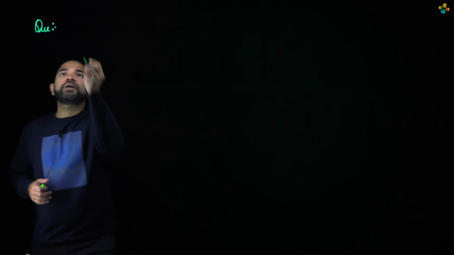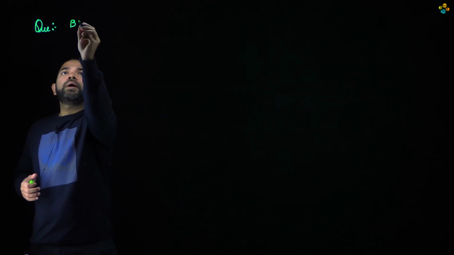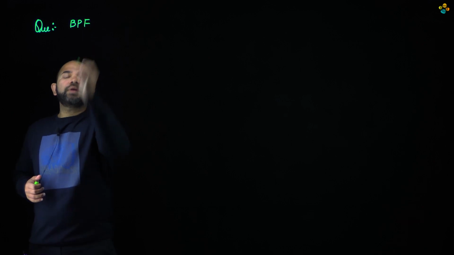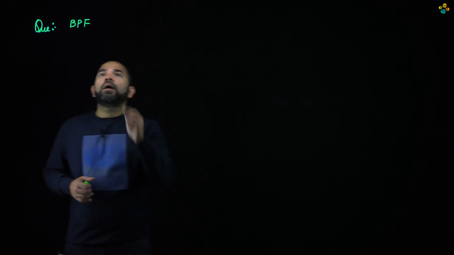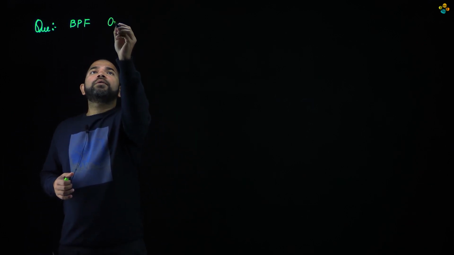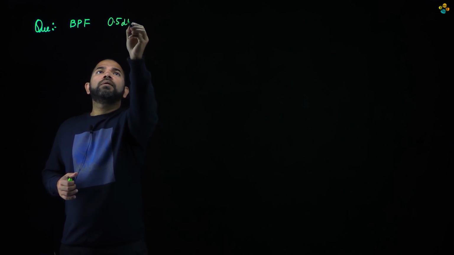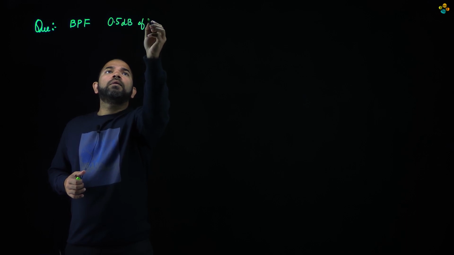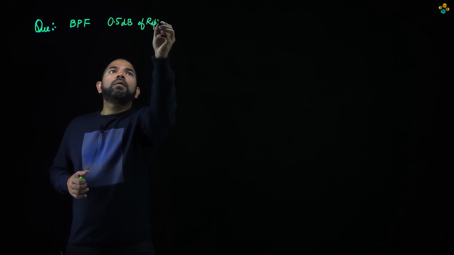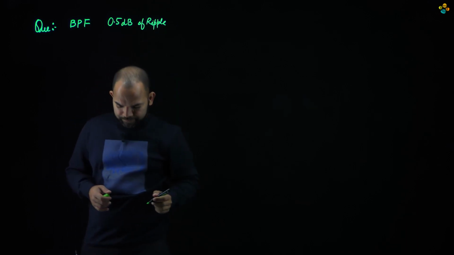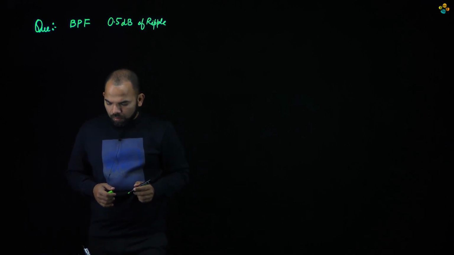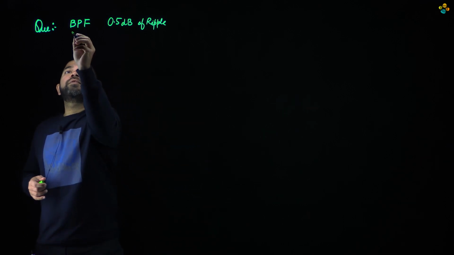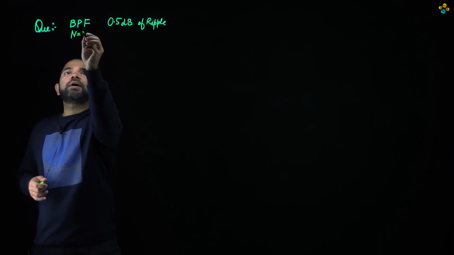So we need to design a band pass filter with 0.5 dB of ripples, and the order of the filter is given as 3.